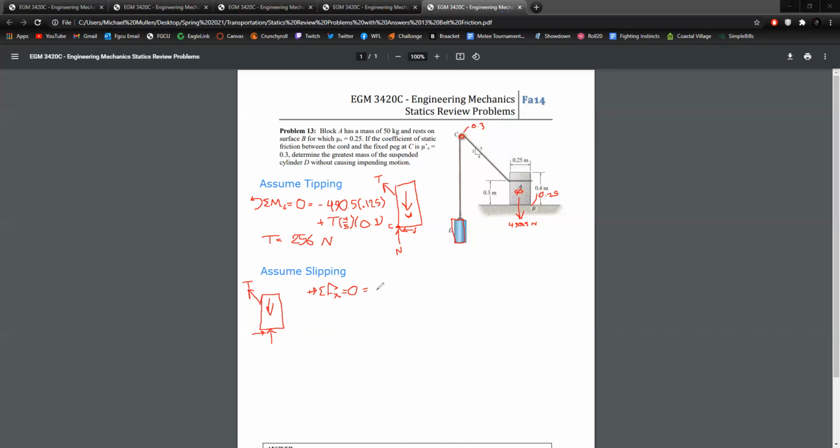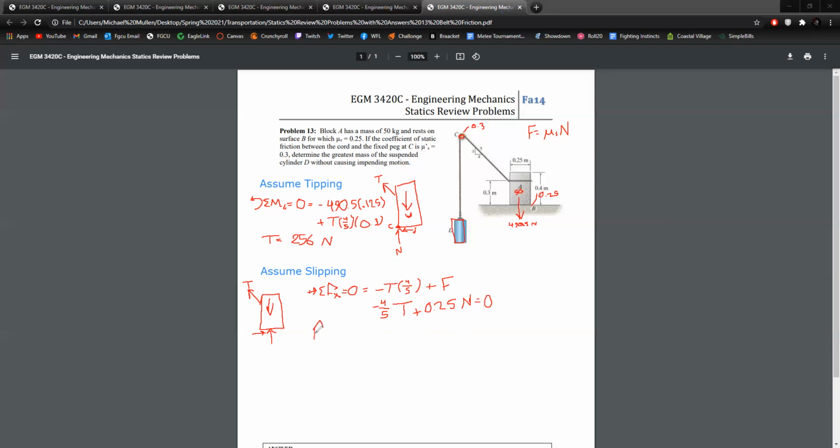It's going to be equal to minus T times 4/5 plus F. However, we know that F is equal to mu sub S times N. So we can replace this and say minus 4/5 T plus 0.25 N, because we know that mu sub S for this surface is 0.25, equal to 0.